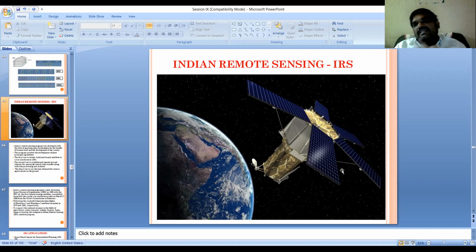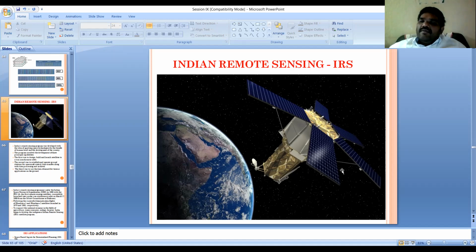The same has to be sent to the processing station. That means you know what is EMR and you know how the image of the target is being recorded by the sensors. After recording, it reaches the processing stations where we need to analyze the characteristics of the image, that means the target.